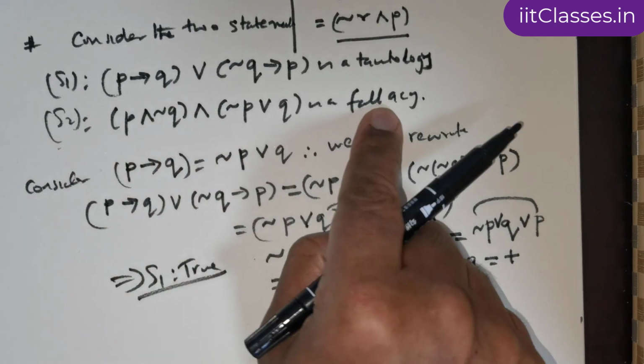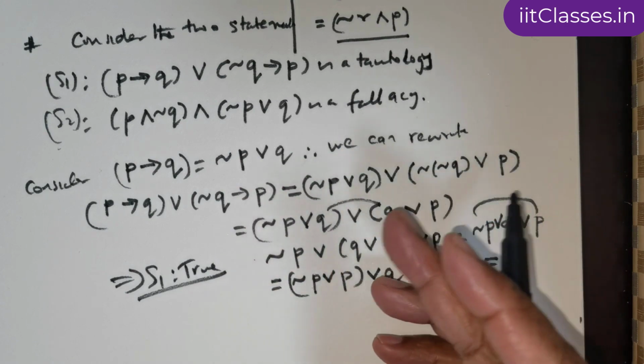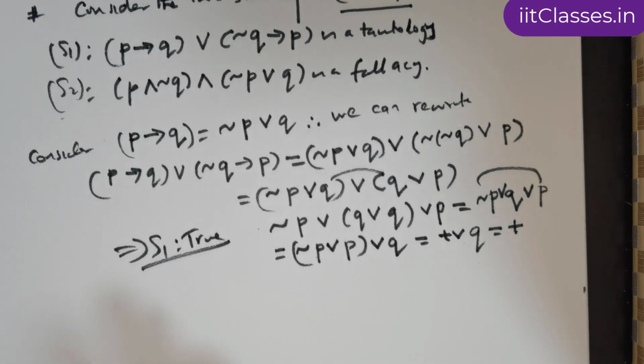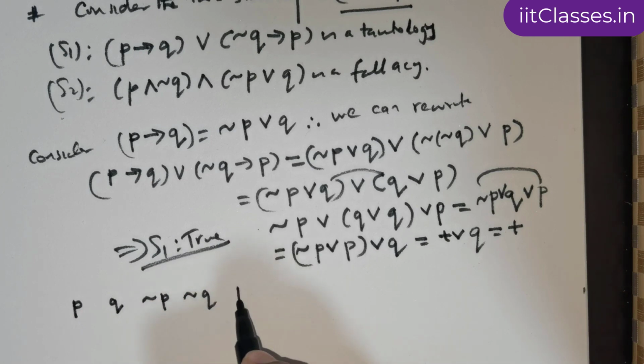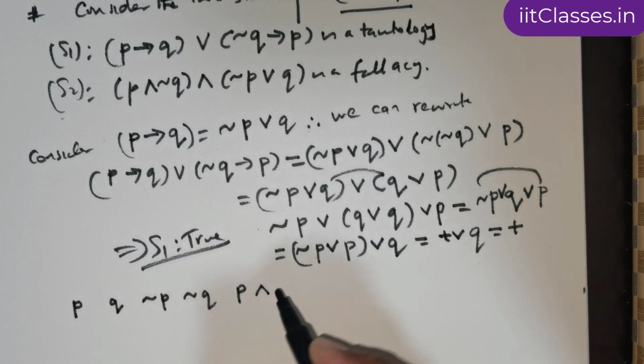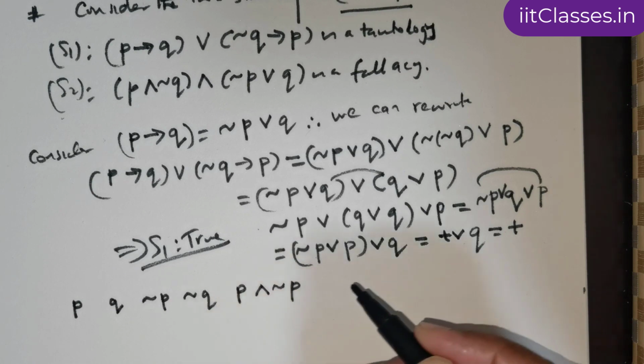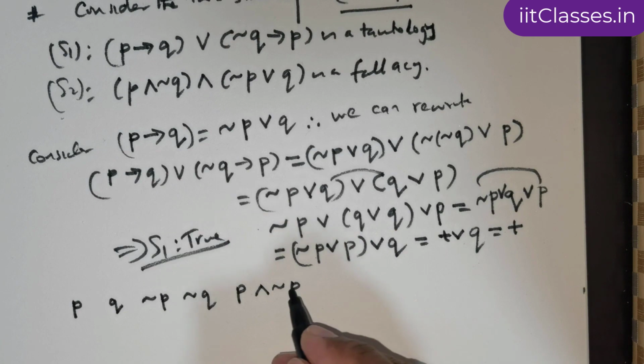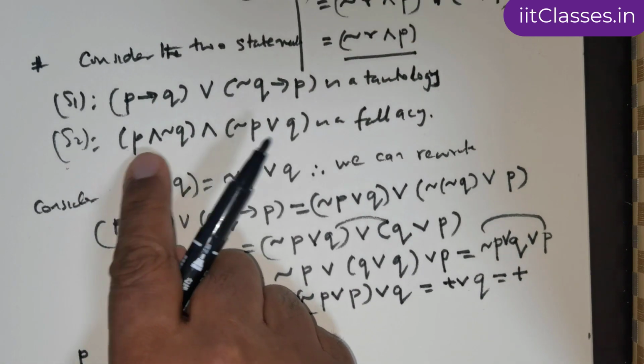Now we need to show that S2 is a fallacy, or it is not a fallacy, right? We need to ascertain that. So what I'm going to do is, this is what is given to be S2. So I will construct the truth table. I will take P, Q, and then negation of P, negation of Q, and then P conjunction negation of P, and then this is actually negation of Q, right?